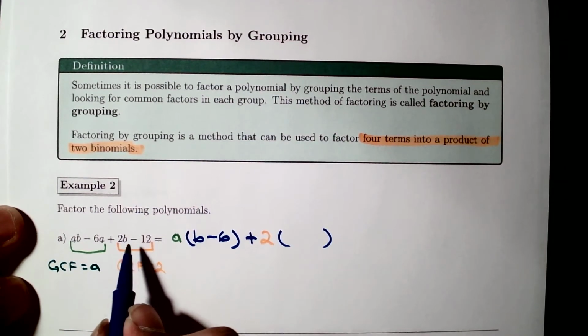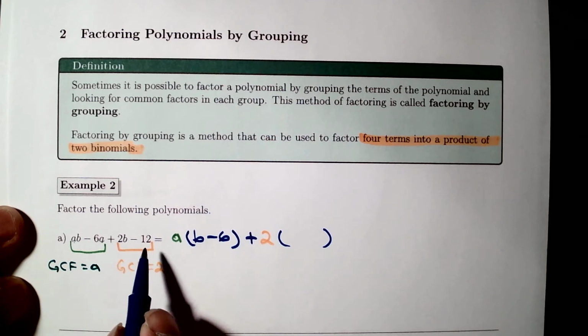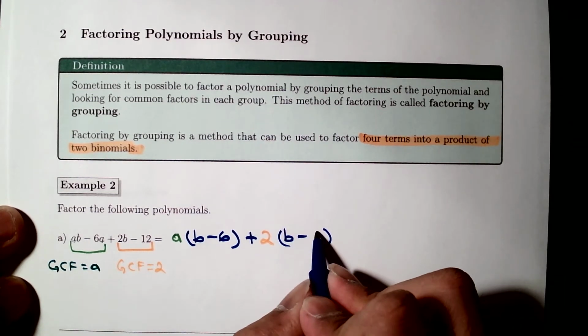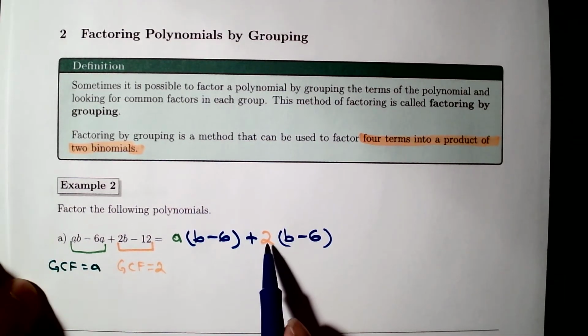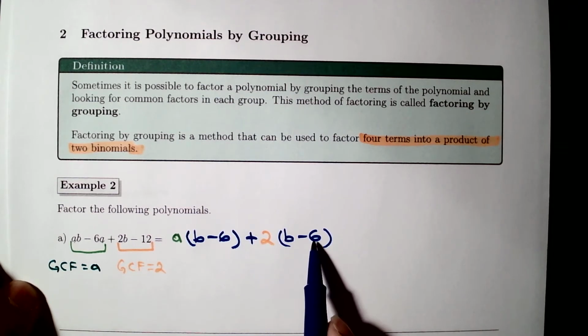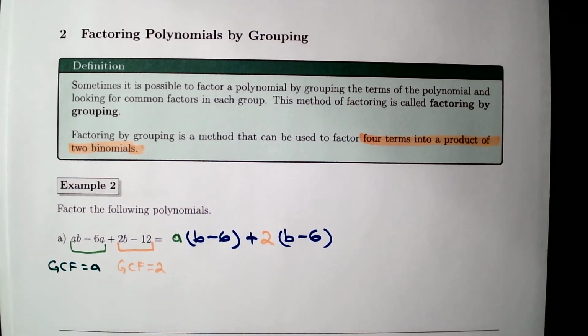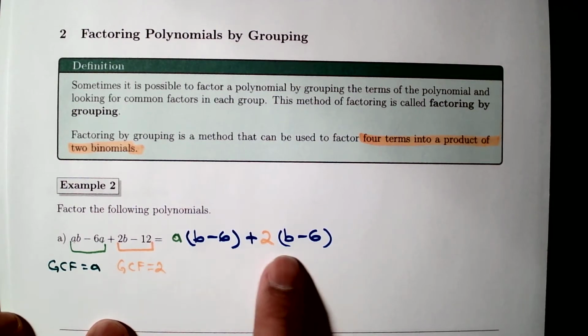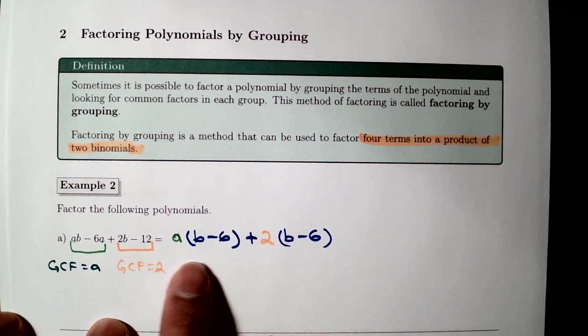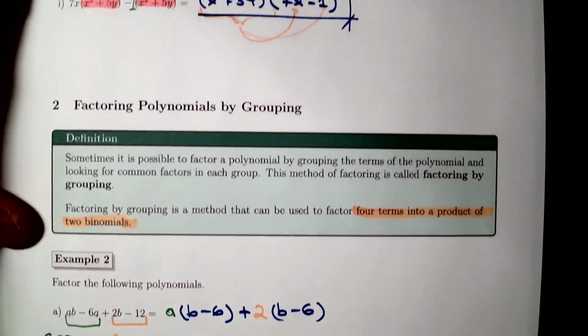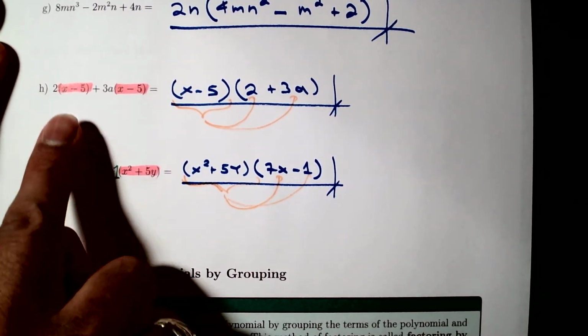If I factor 2 from 2b minus 12, I will be left with b minus 6, because 2 times b is 2b, and 2 times negative 6 is negative 12. What is going to happen here? Maybe this looks familiar from something we did above. You know, something like this.